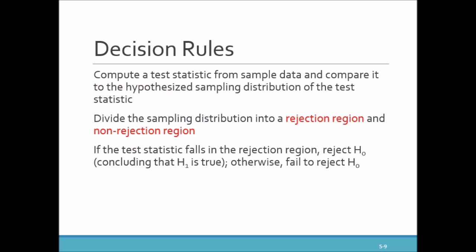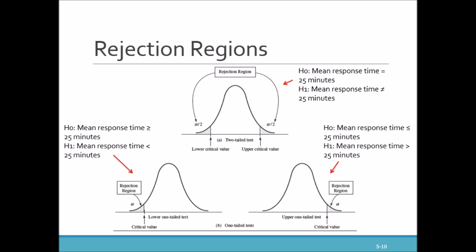These distributions are divided into a rejection region, which is defined by critical values, and a non-rejection region. If your test statistic falls outside the non-rejection region into the rejection region, you're able to reject the null hypothesis. We're going to go ahead and visualize this in the slide here.